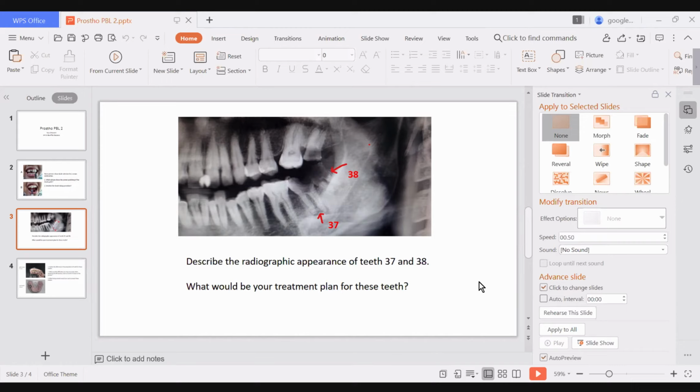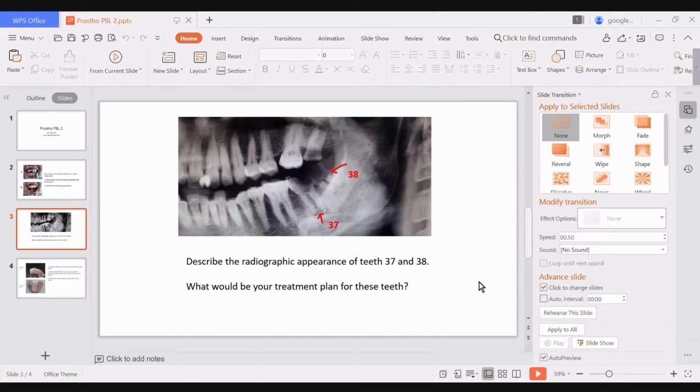Prof, can I try? Isaac, number 20. So, there is radiolucency on the distal occlusal of 37 with pulpal involvement, indicating deep caries.